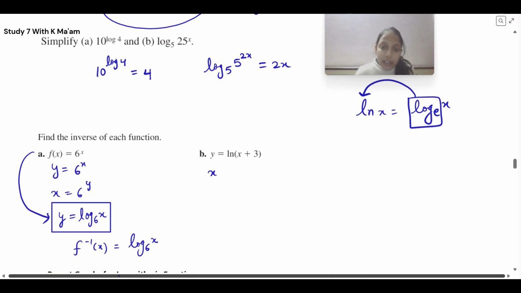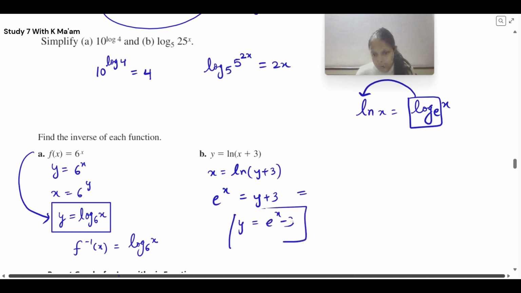Replace x with y, y with x. Converting logarithmic into exponential, so e power x is y plus 3. I want only y, so y will be e power x minus 3. Done. If you have a doubt, you can write it in this way.